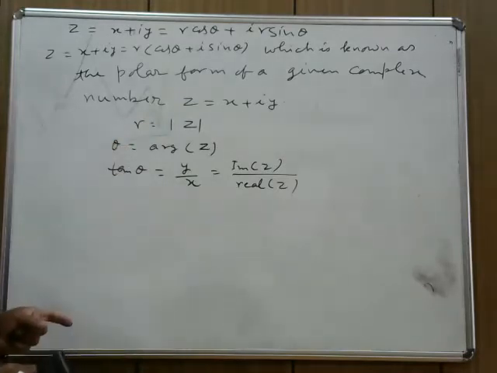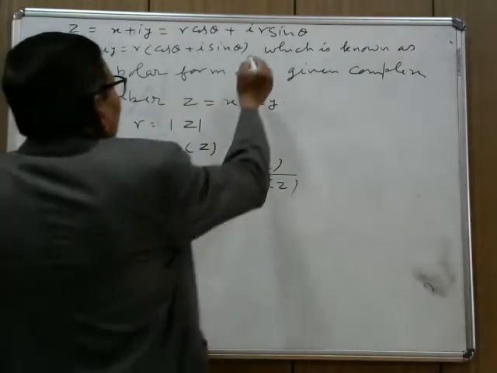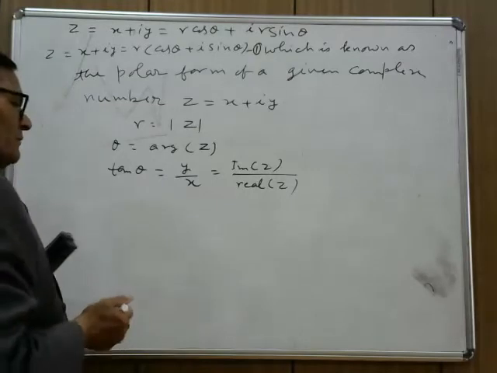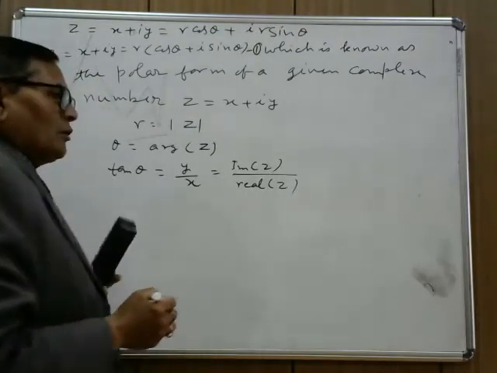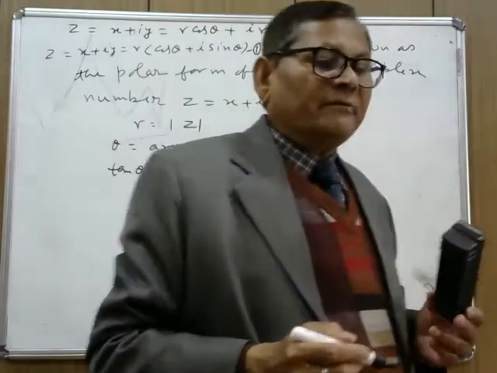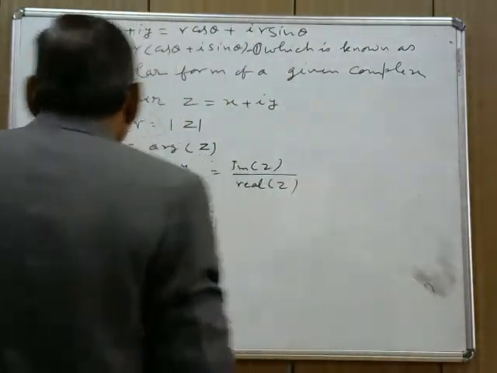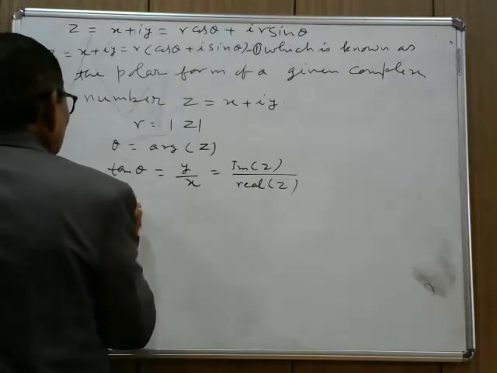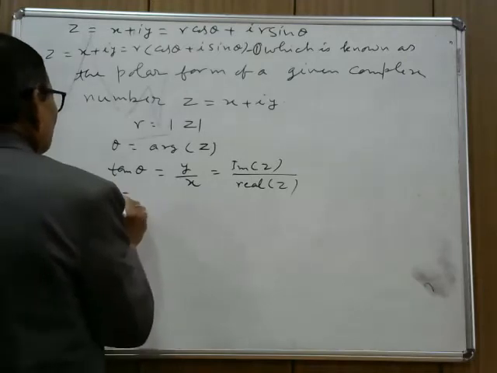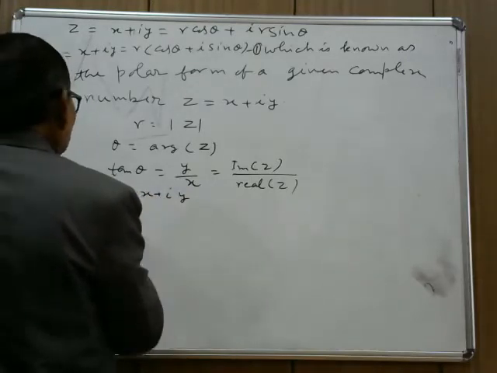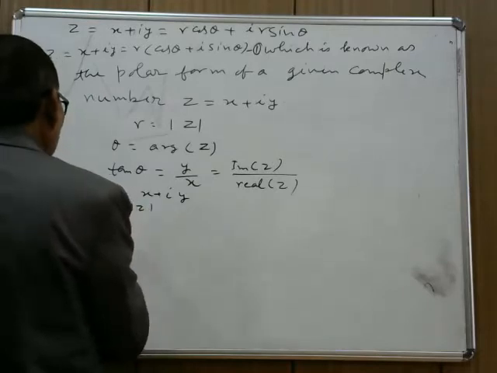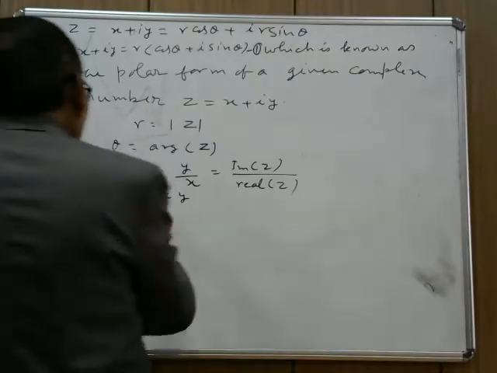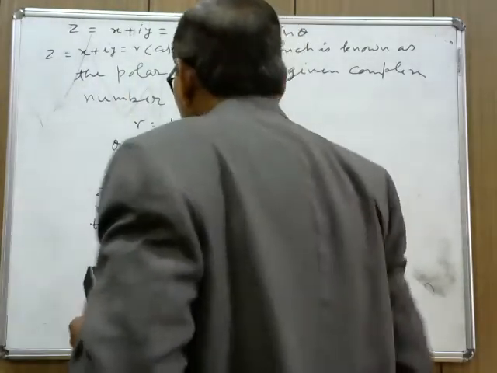After finding r and theta, when you substitute in 1, you will get the polar form of the complex number.